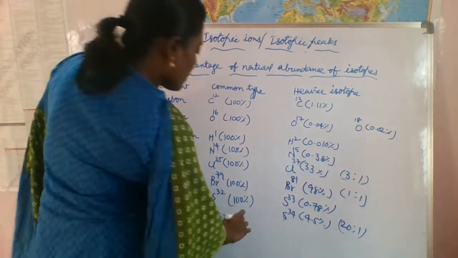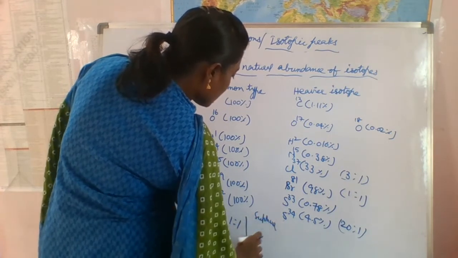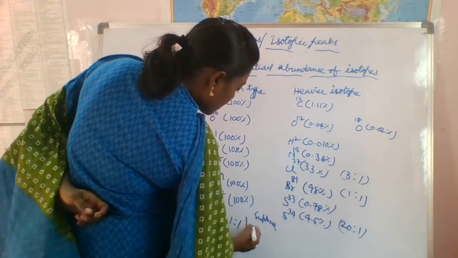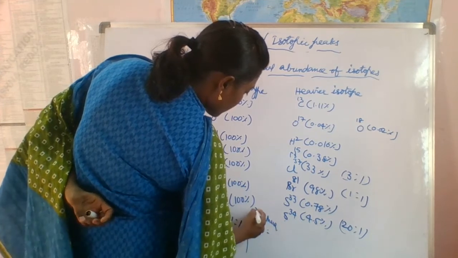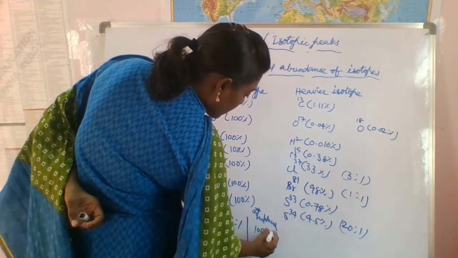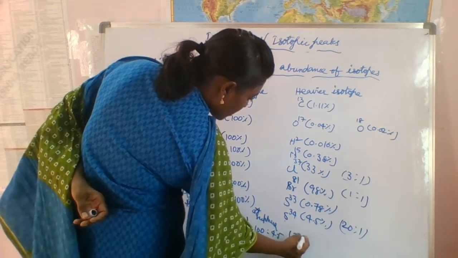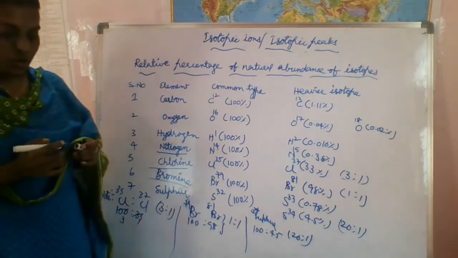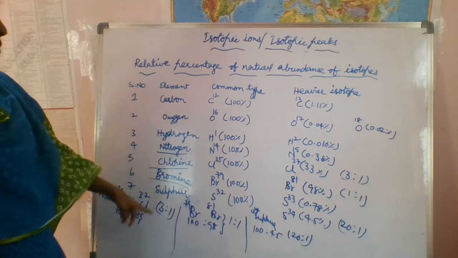What about sulfur? If it is 100, sulfur 34 is 4.5. It is approximately 20:1. So note down these points.